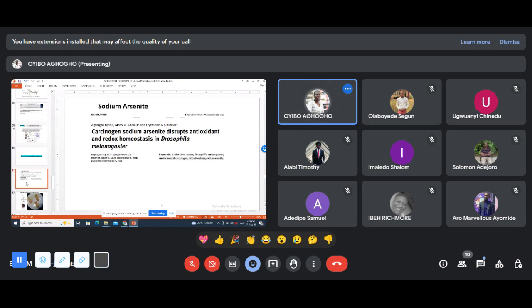You must also be keen to say, okay, how do I know that it is carcinogenic on this animal? So that leads to the part where you look at the equipment and all of that.